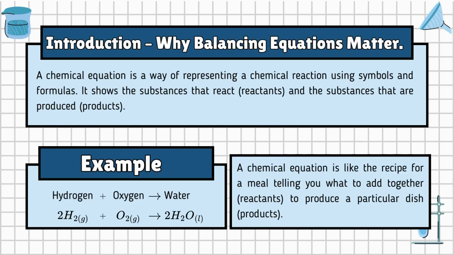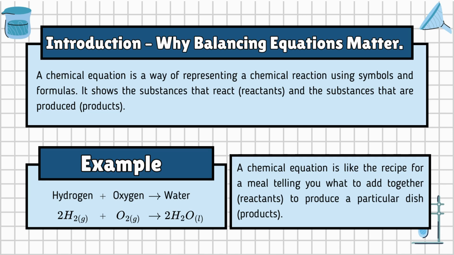So, let's introduce what we have for today. Why is it important to balance chemical equations? Now, first of all, you should understand that a chemical equation is a way of representing a chemical reaction. And when we represent a chemical reaction, we use symbols and formulas. It shows the substances that react and the substances that are produced.